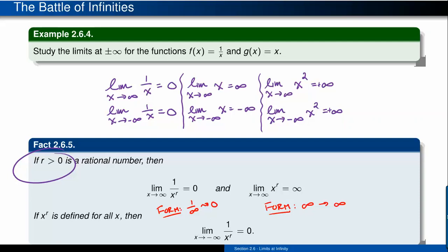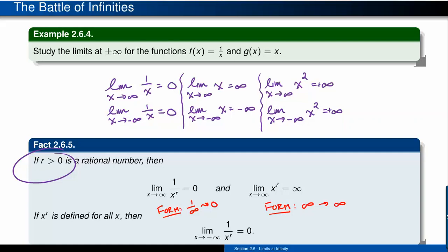For the other direction, we have to be a little bit more careful. We're going to be taking limits as we go off towards negative infinity. In this case, I want to make sure I can actually take x to the r. If I'm working with square roots or something like that, my functions aren't even defined way over to the left. But if I do have an x to the r that is defined, think about something like x to the 3 halves.